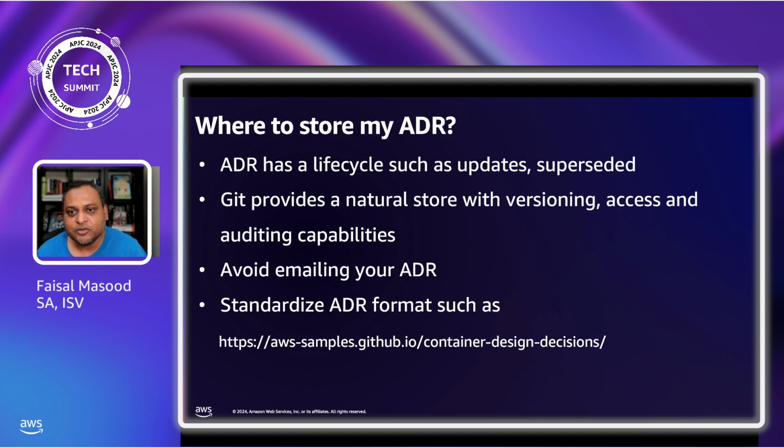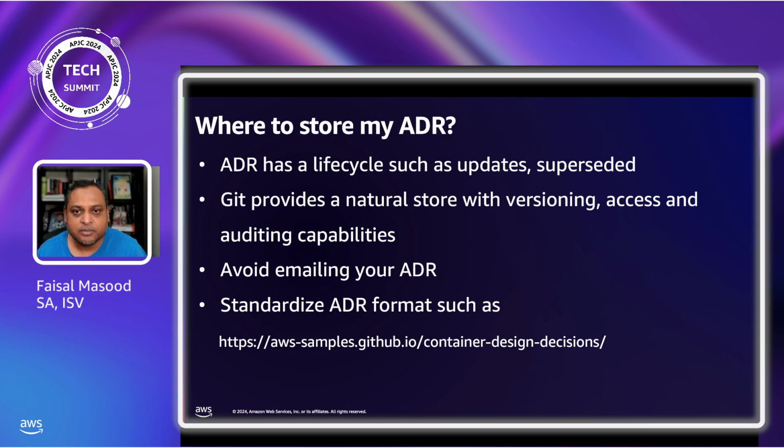And when you are talking about multiple teams bringing ADRs, make sure that the ADR has a defined, standardized structure around it, because otherwise it will be difficult for people to read and understand the meaning of the fields. So in the example that I gave you, these are the fields an ADR could have.